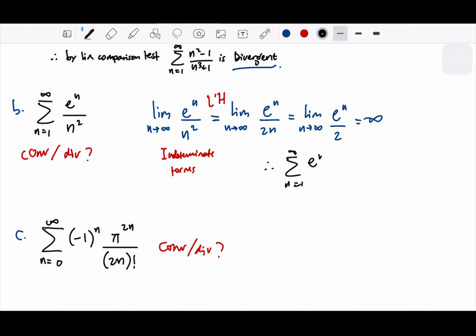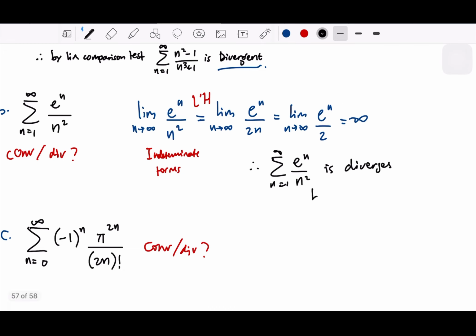This is diverge. Or if you want to make a complete answer, by divergence test. Actually, if you just take this statement here that is going to infinity, it's already okay. Then you can write diverge. That's fine. It's okay to answer like that.